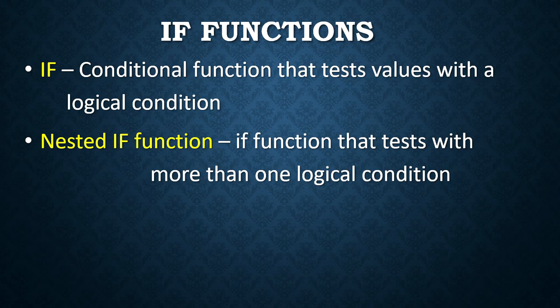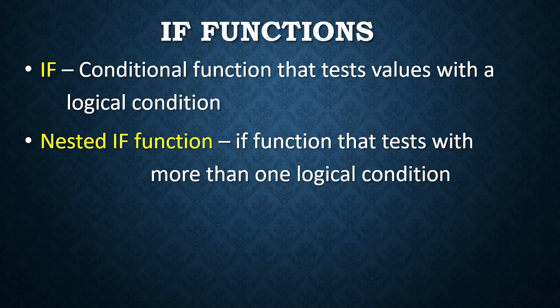Then we have what we call the nested if function. The nested if function tests with more than one condition. In that case, take an example of grading marks. We can have distinctions, credit, pass. Those are varying grades, meaning instead of having one pass mark, they are varying marks to assign grades to a student, to categorize marks into various grades.